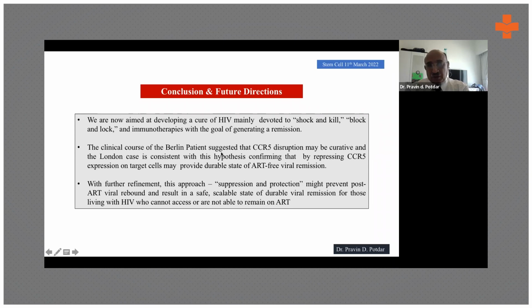So this can also be done if some HIV patients are going through bone marrow transplantation. This particular concept can be useful for them. With further refinement, this approach, suppression and protection, might prevent post-ART viral rebound and result in a safe, scalable state of durable viral remission for those living with HIV who cannot access or are not able to remain on ART.